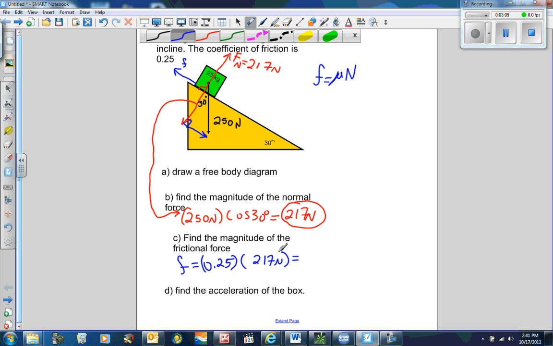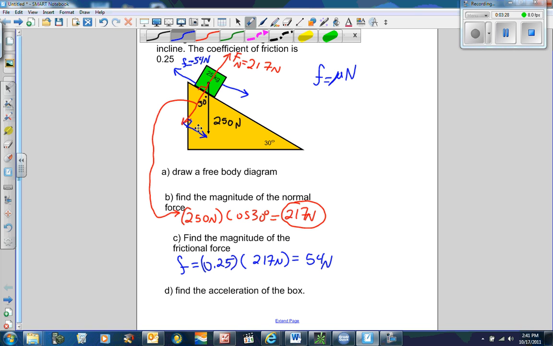And when I do that, I get 54. So this is going to equal 54 newtons.